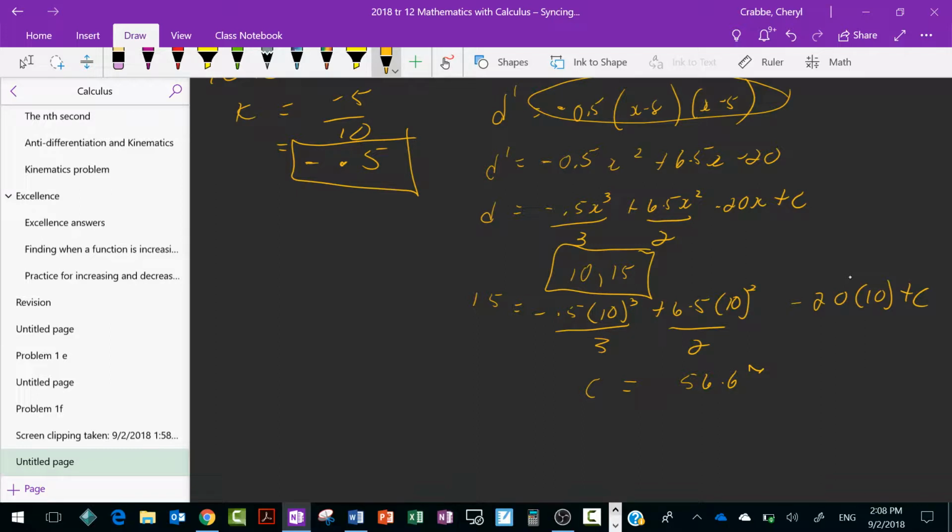Now, all you have to do is basically write your expression with your plus c in there. Now, if you use negative 0.5 over 3 x cubed, that's okay. But you kind of would want to change that to something a little bit more meaningful, though you don't have to do this to get the question right.